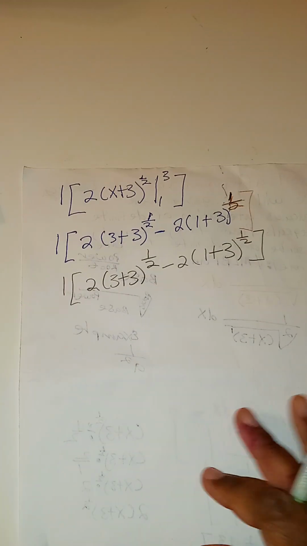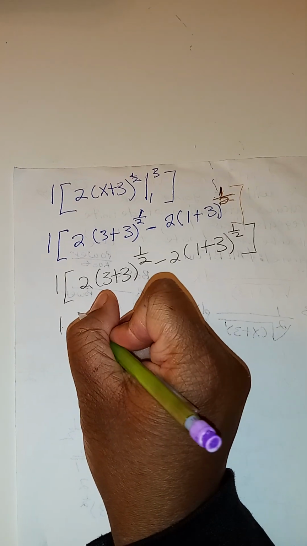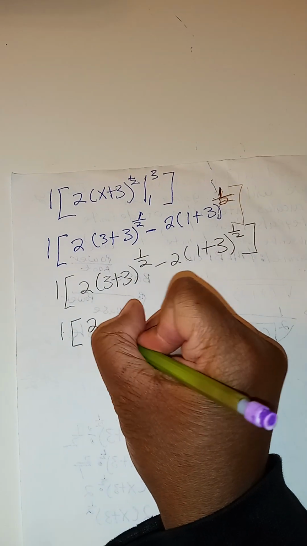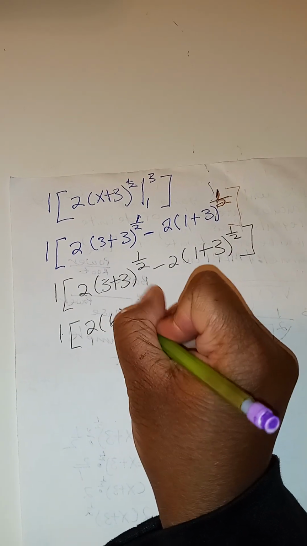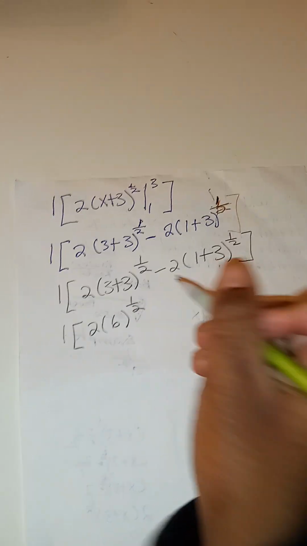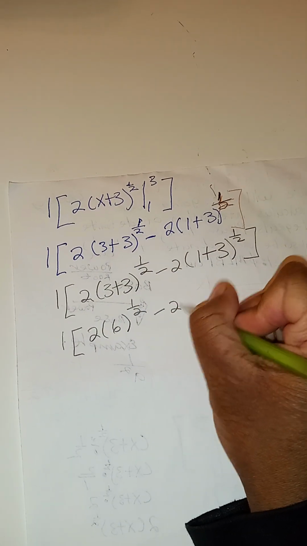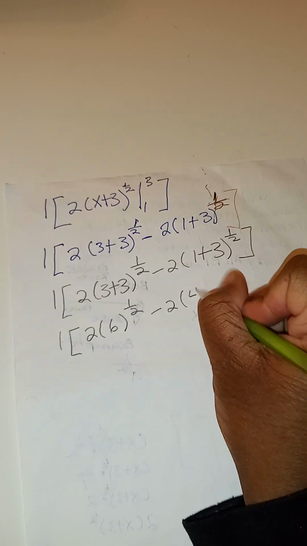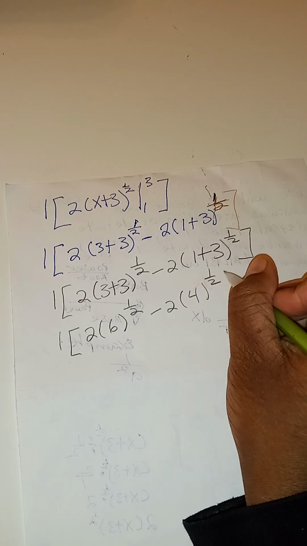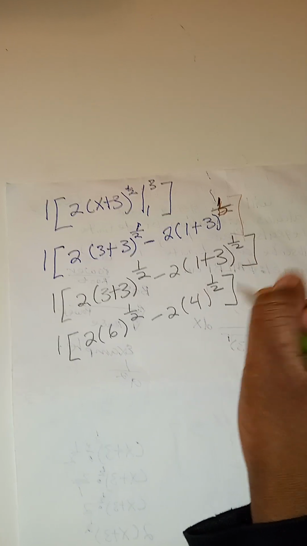Okay, so it will be 1 times 2 times 3 plus 3 is 6 to the 1/2 power minus 2 times 1 plus 3, which is 4 to the 1/2 power.